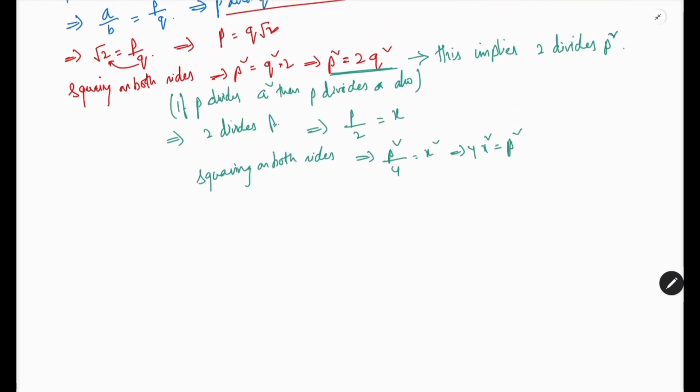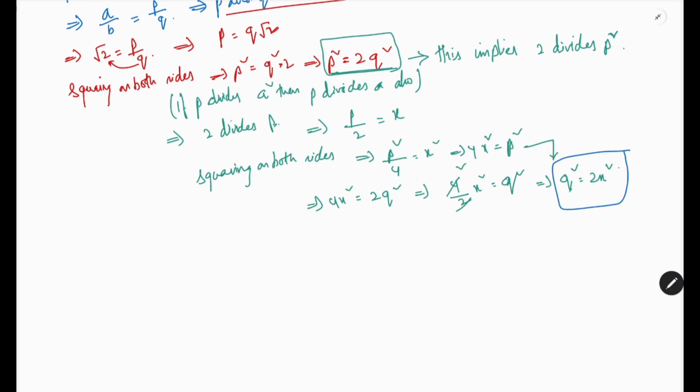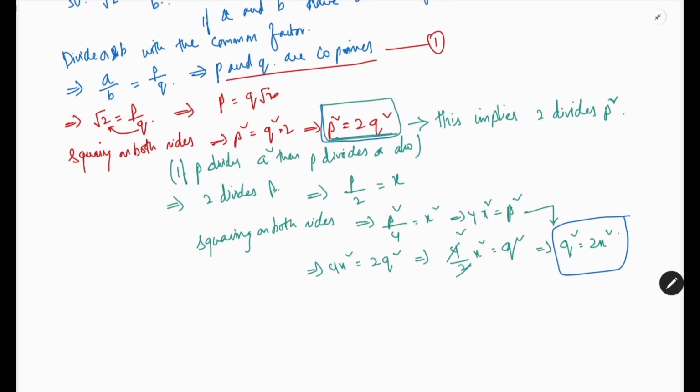When you substitute P square equal to 2Q square, we get 4x square equal to 2Q square. This implies 4 by 2 x square equal to Q square. So Q square is equal to 2x square.